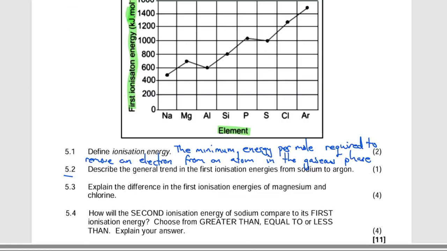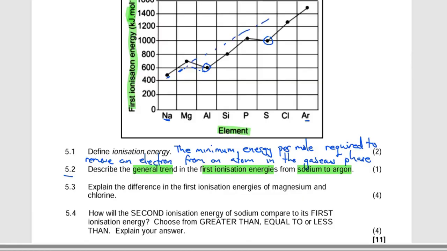So the general trend in the first ionization energies from sodium to argon. This is the sodium there, and then the argon there. Now what's the trend? Beside the drops here and this part where there are slight drops, the general trend is that it's increasing.